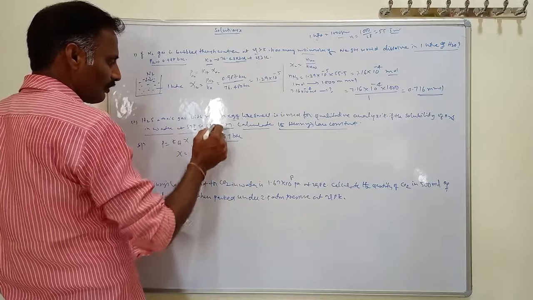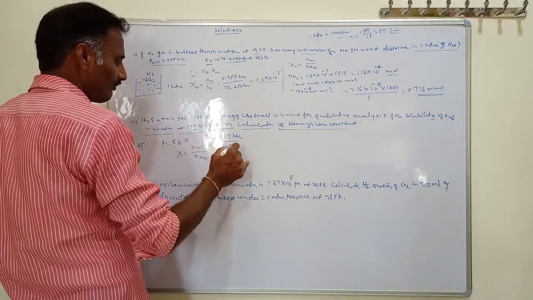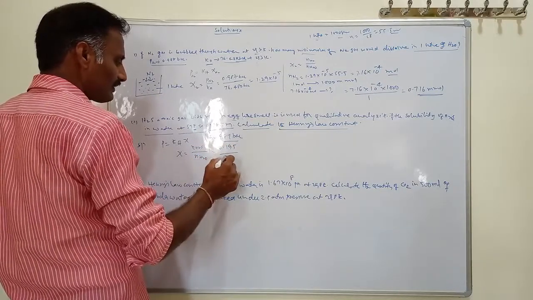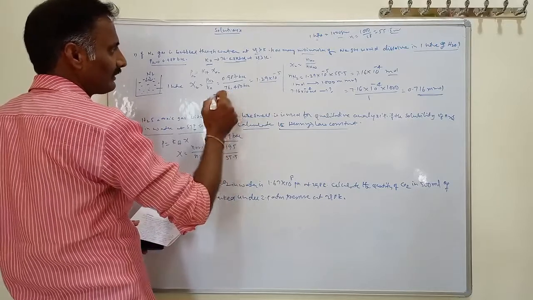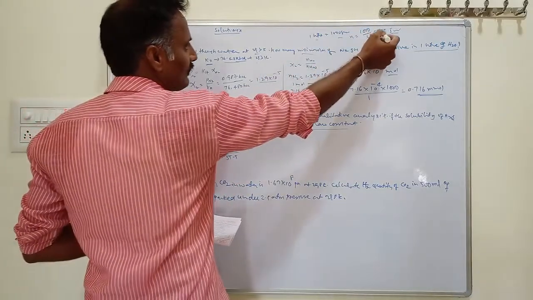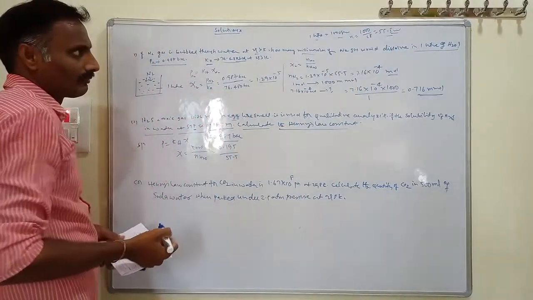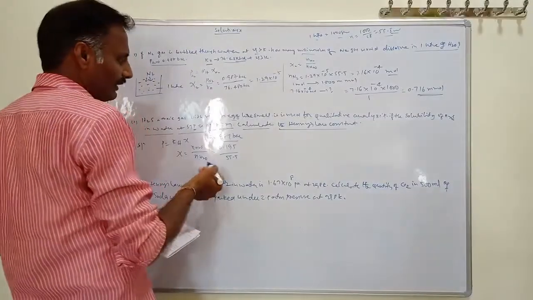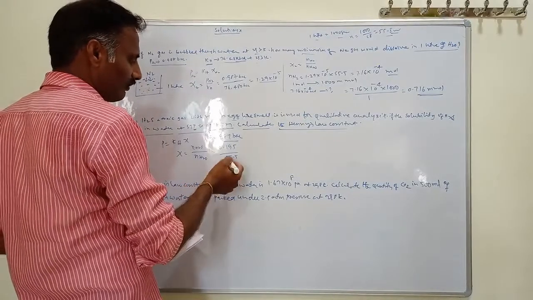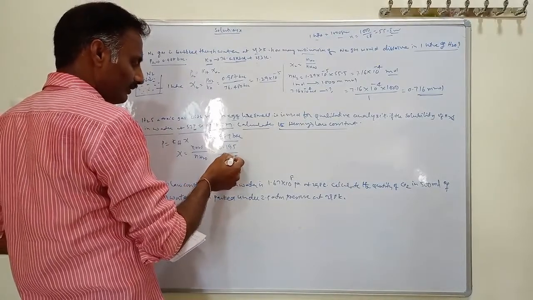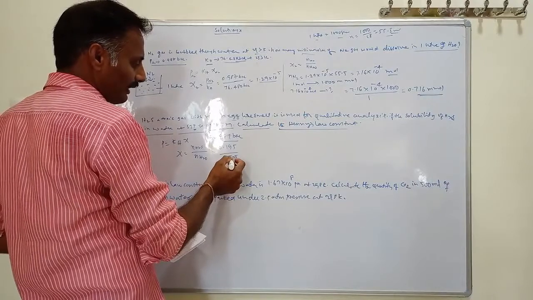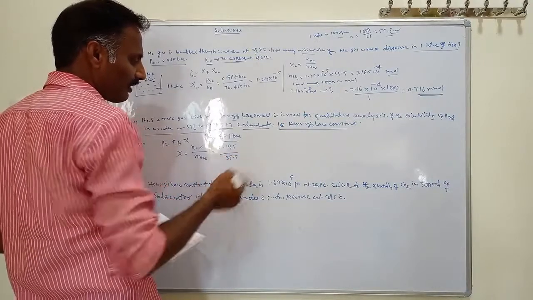Number of moles of H2S is 0.195. And number of moles of water is fixed. This is 55.5, taken as 1000 by 18, which gives 55.5. That is 1000 gram of water, nothing but 1 liter water, 1 kg water. In 1 kg water, 1000 grams contains 55.5 moles of water.